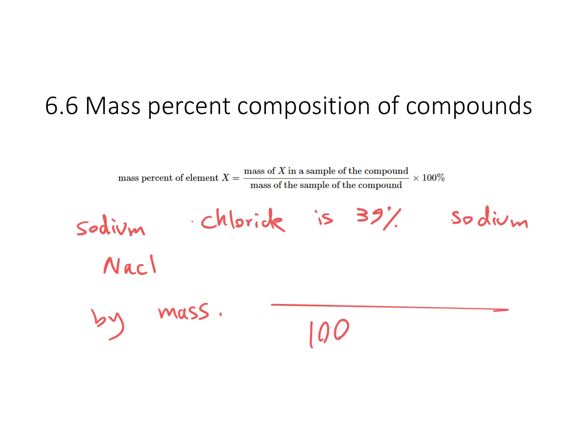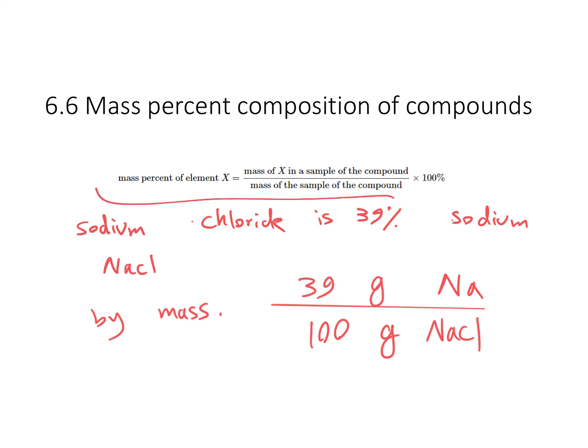It means that if you have 100 grams of your compound, 39 grams of it is sodium. So sometimes you can convert gram to gram directly, but this is the only instance, where I literally tell you the mass percent composition of sodium in sodium chloride is 39%, or that sodium chloride is 39% sodium by mass. Other than that, you always convert grams to moles, moles to moles, moles to grams. Is that clear?